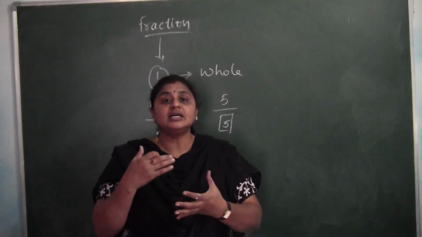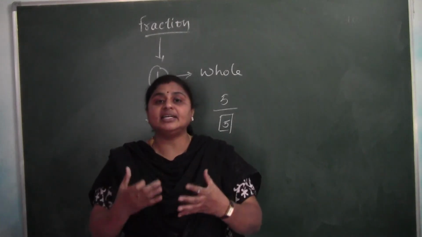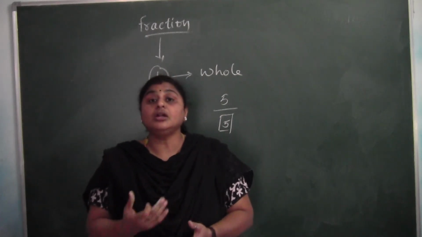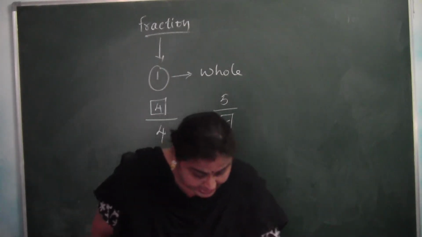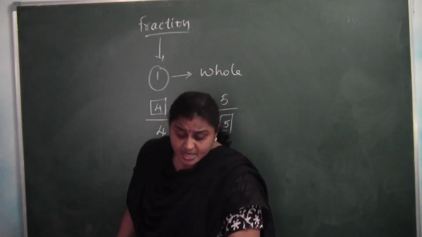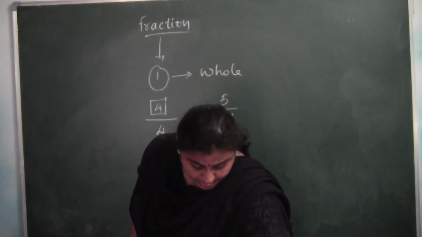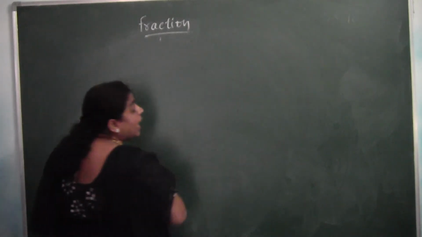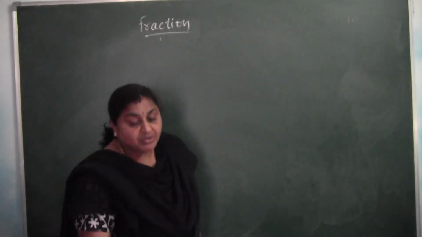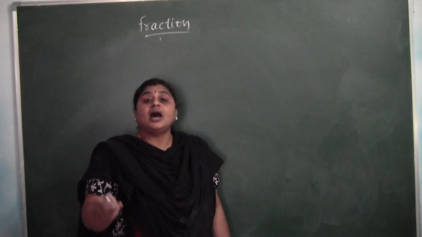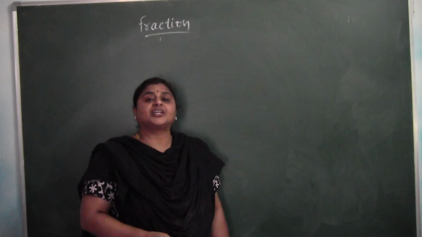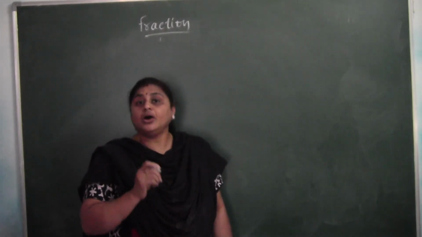But there is a test to check whether two given fractions are equivalent or not. What is the test? Let us see. So in this exercise, you are going to learn how to find the equivalent fractions and how to check whether the given two fractions are equivalent or not.